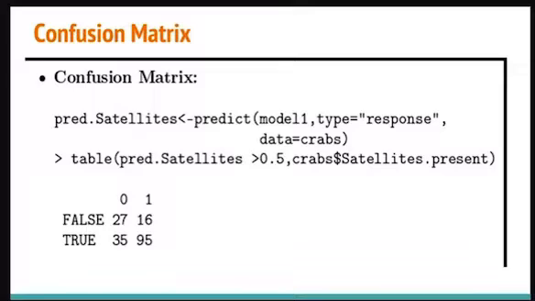The confusion matrix will enable you to know the probability of misclassification. We can never have a perfect model. We don't expect perfect classification. There are always going to be errors, but what we're trying to do is minimize the error due to misclassification.